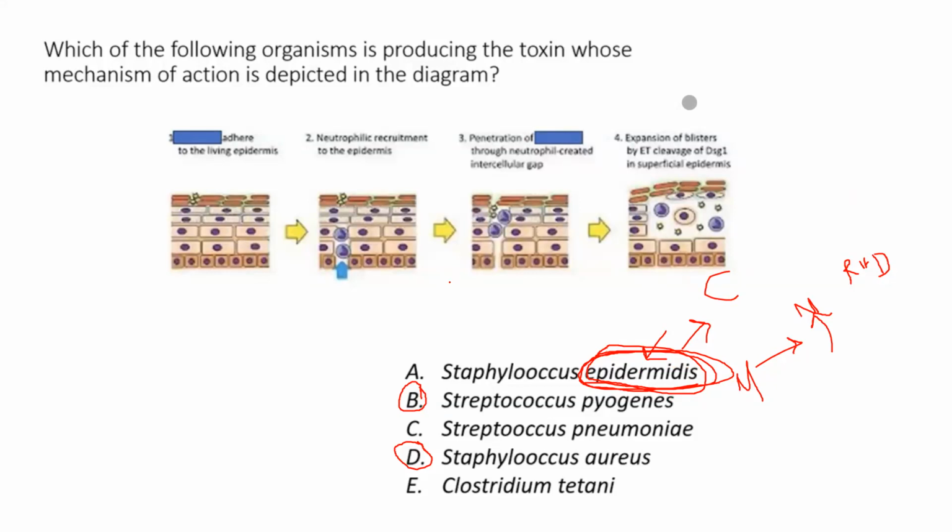Let me make sure of this, but I think it's part of the normal flora. One second. Yes. So a way to remember this is why did epidermidis get its name? It's because it's normally present on the skin.